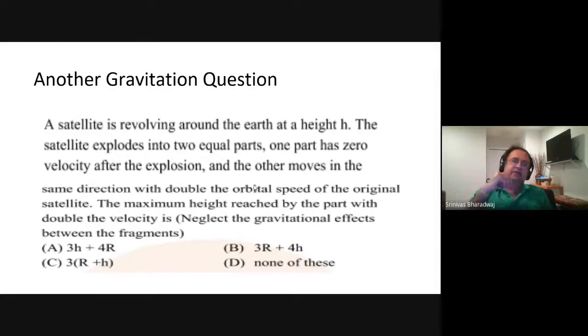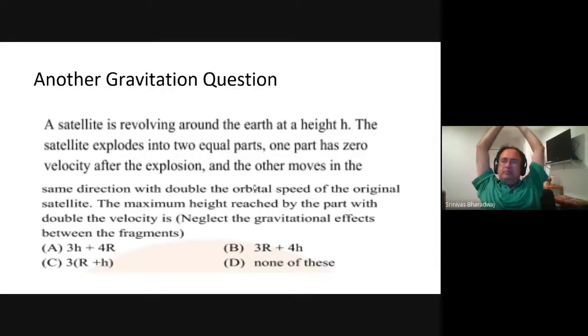A satellite is revolving around the Earth at a height h. The satellite explodes into two equal parts. One part has zero velocity after the explosion. So the full half mv square has now gone on to the other body, and the other moves in the same direction with double the orbital speed.